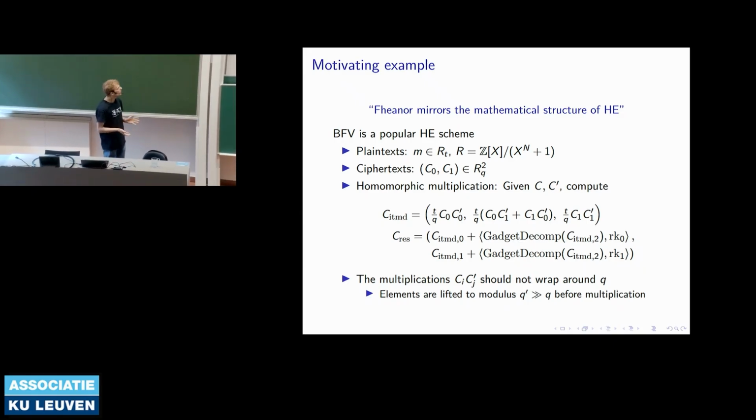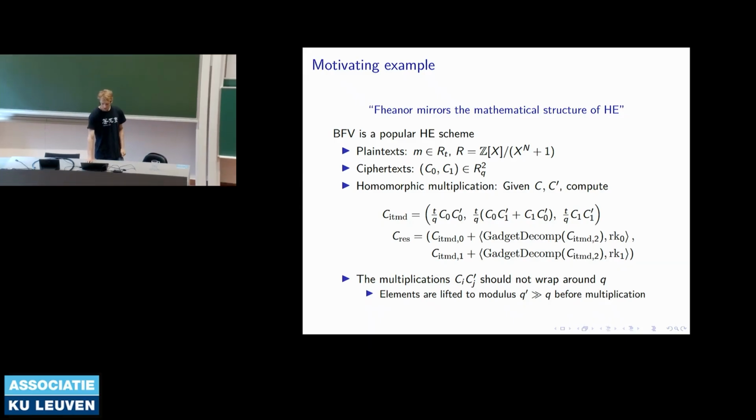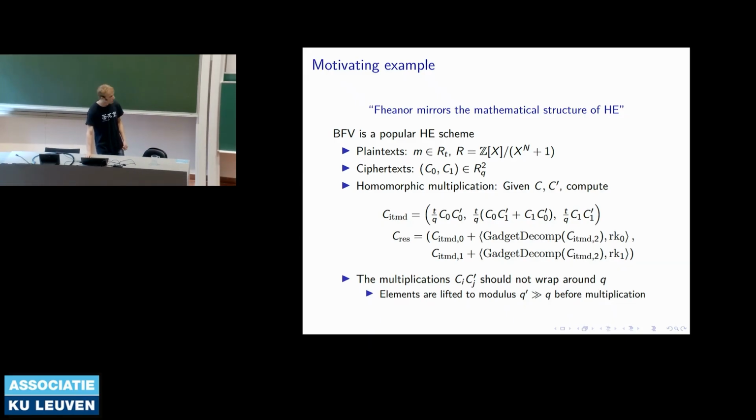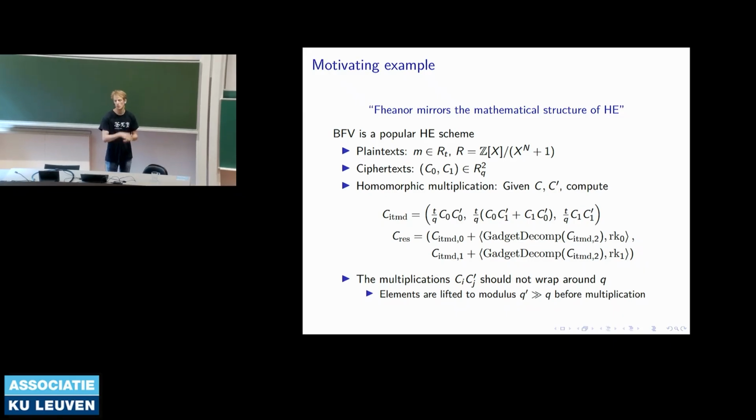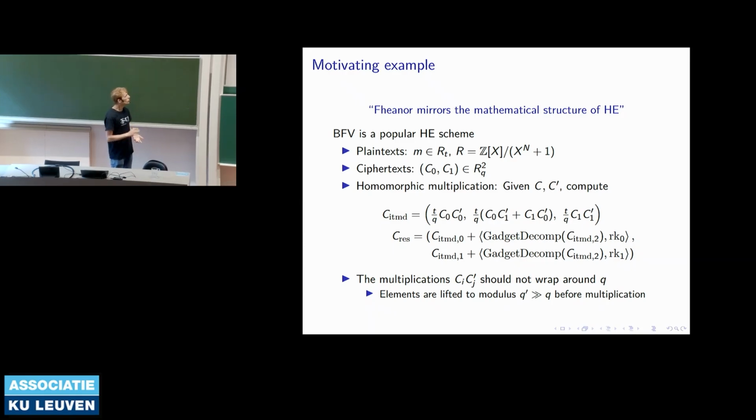I just want to show in an example how Fheanor really mirrors the mathematical structure of these rings and these formulas, as opposed to other libraries. To do this multiplication that doesn't wrap around q, usually you would lift the elements not to R, but to R modulo some larger modulus, which we could say is q extended, modulo which you can do this multiplication without wrapping around.